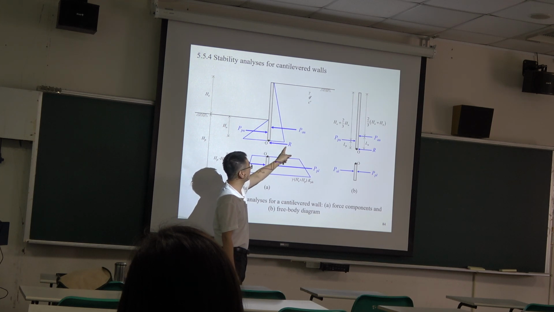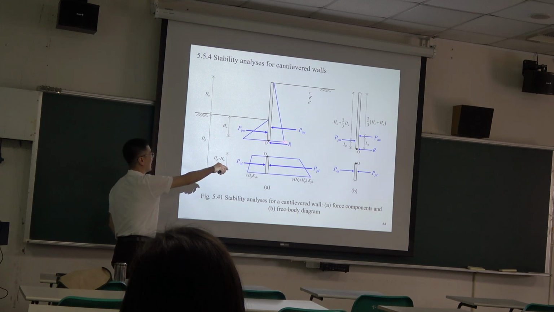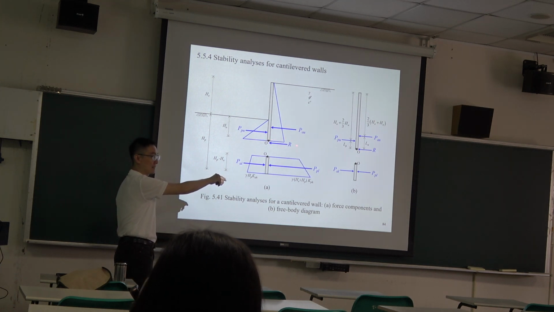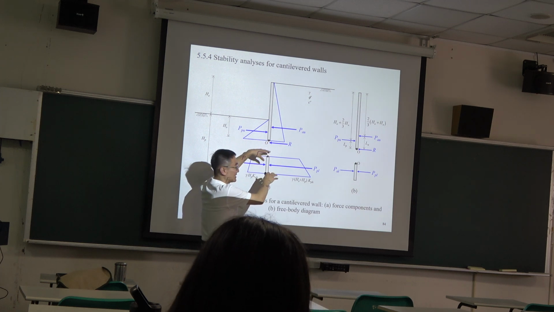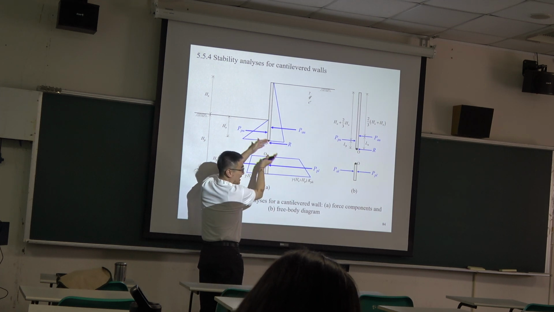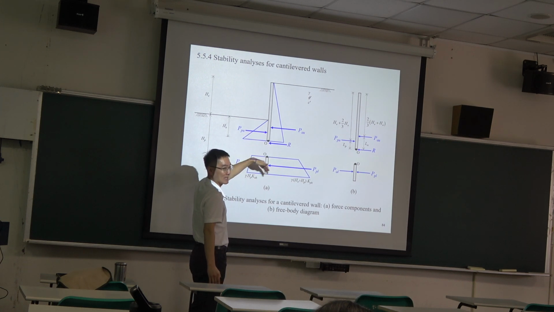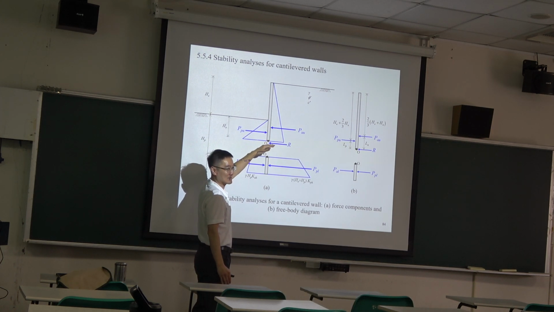And last, we will have an internal force here. From engineering statics, this is an internal force because we cut the wall into two sections. Remember, from engineering statics, we have the section method.